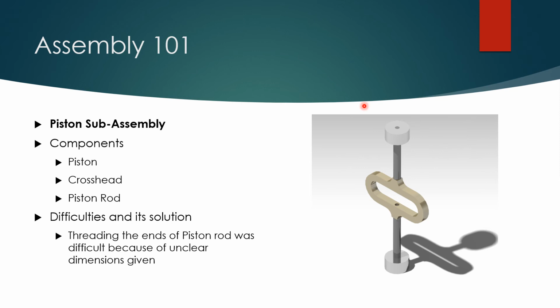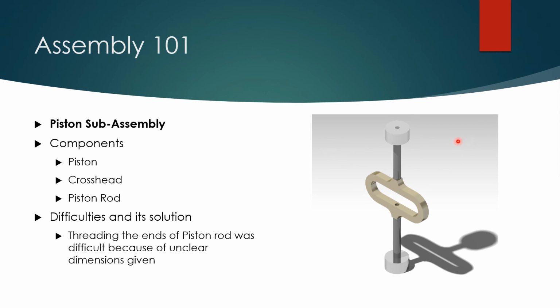In this slide we have Assembly 101, which is the piston sub-assembly. The main components of this assembly were the piston, crosshead, and piston rod. One of the challenges faced while doing the parts of this assembly was the piston rod.